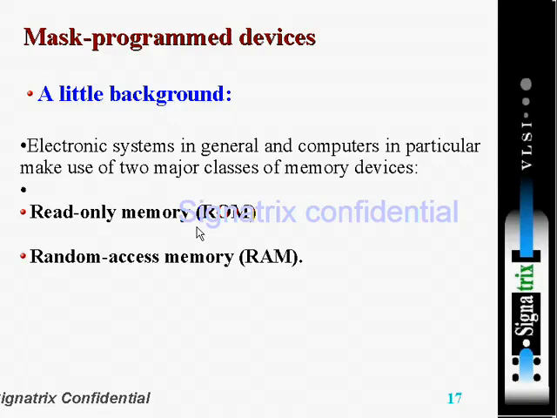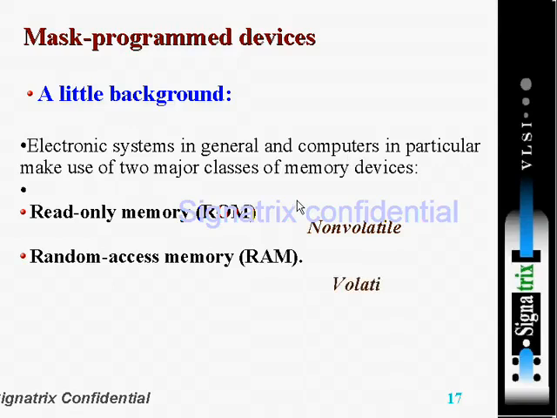ROM is non-volatile and RAM is volatile. We need ROM where we do not want to change our configuration again and again. It is one-time programmable, you can say that.